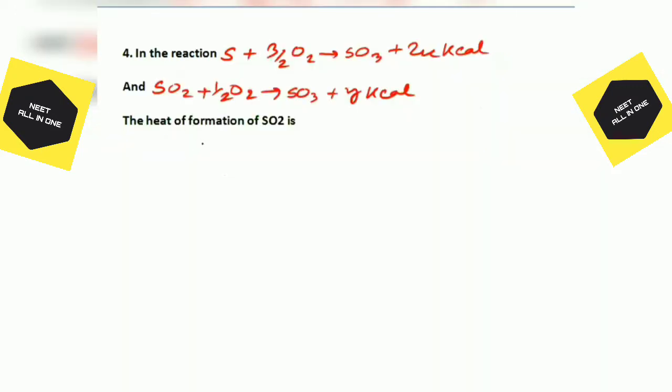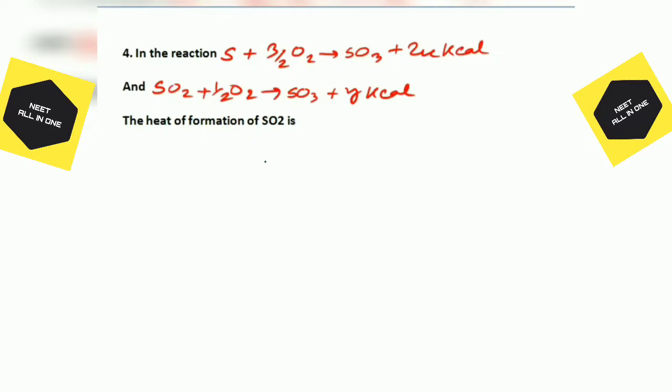Let's see the fourth question. Here they have given us two equations: S plus 3/2 O2 equals SO3 plus 2x kilocalorie, and SO2 plus half O2 equals SO3 plus y kilocalorie.